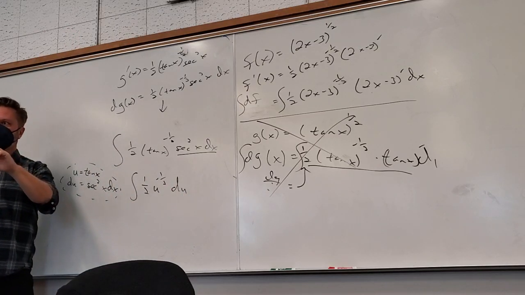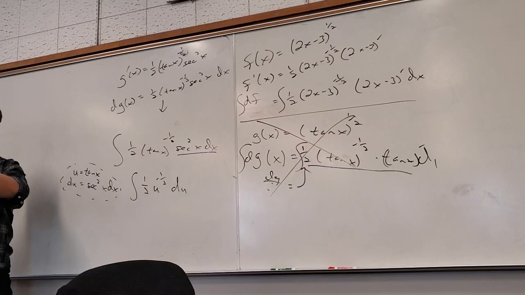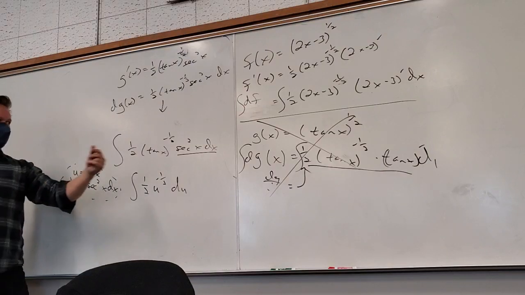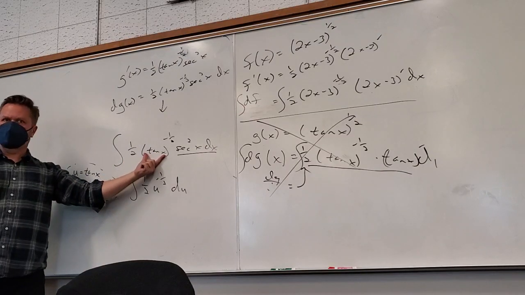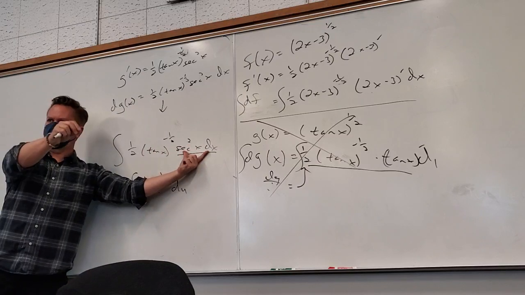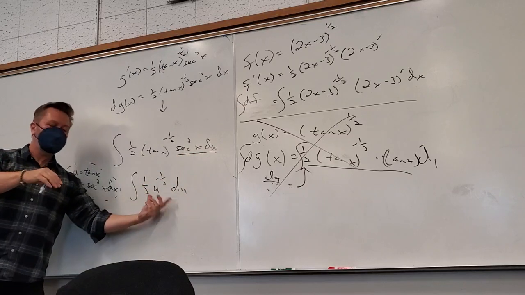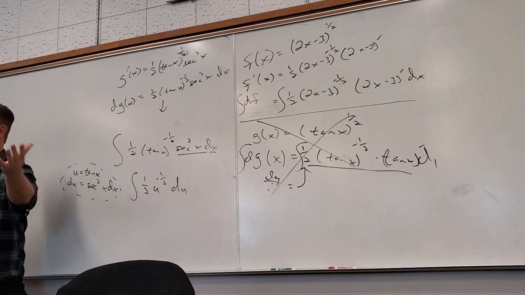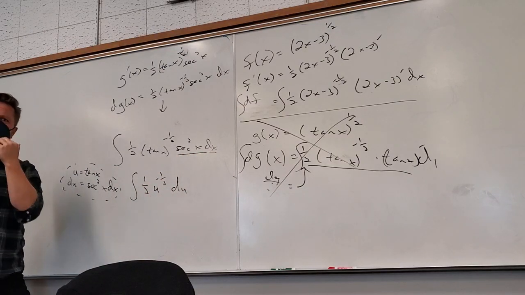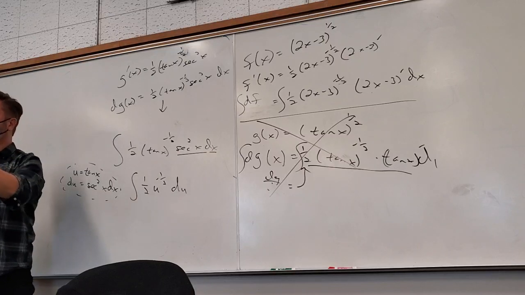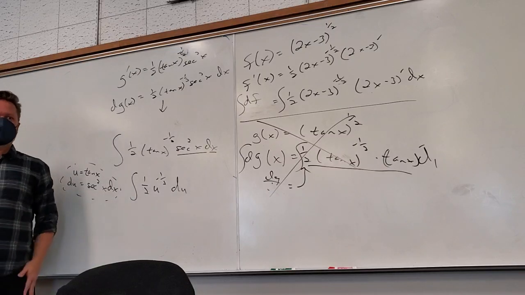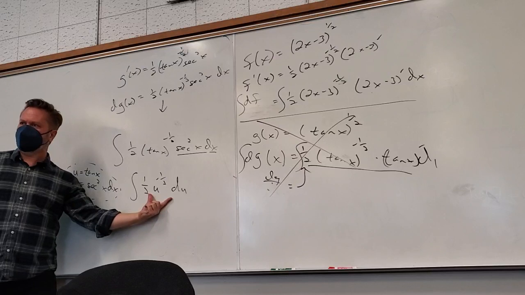Okay, maybe. So the whole idea with this u substitution is let u equal a piece of the problem. Du has to be there to go with dx. And then I could write an integral that only cares about the u function, right? Is this a hard integral to do?